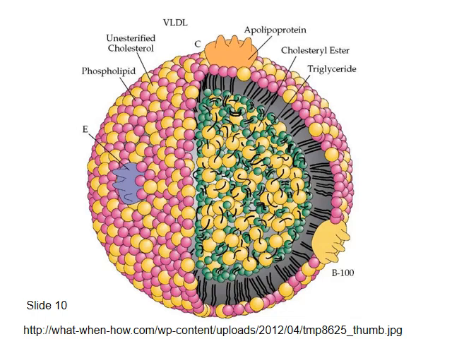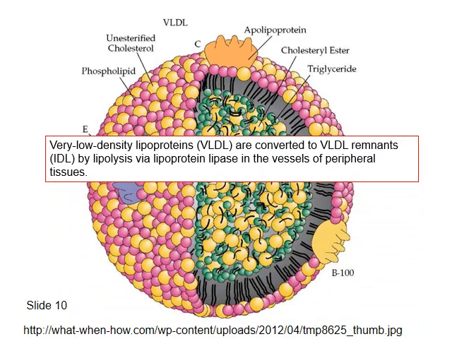Those that have B100 on their surface are synthesized in the liver and include VLDL, VLDL remnants, LDL, and lipoprotein A. So, very low density lipoproteins are converted to VLDL remnants, also known as intermediate density lipoproteins, by lipolysis via lipoprotein lipase in the vessels of peripheral tissues.